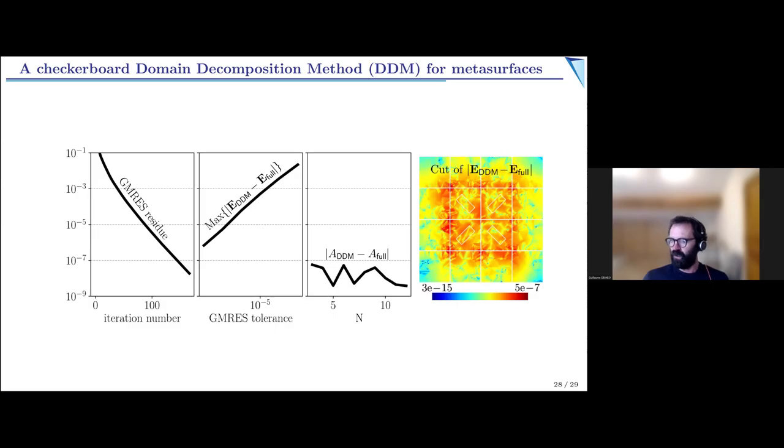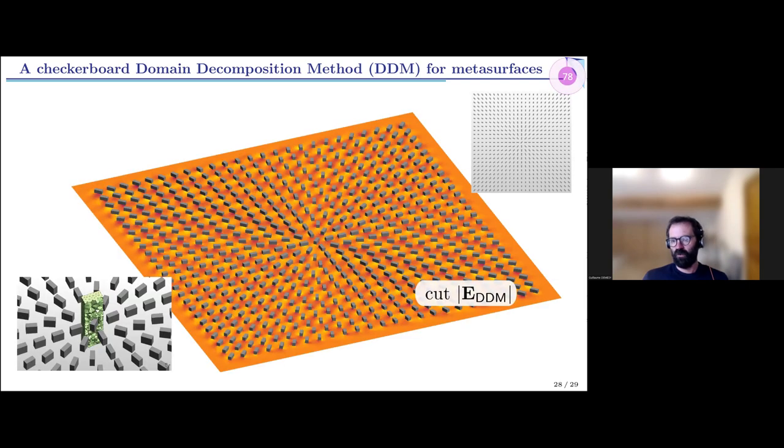So this is the map of the error, and the max value you see on the map of the error is more or less the GMRES residual tolerance. So it works quite well, and it allows to do very very big runs on a relatively modest machine.